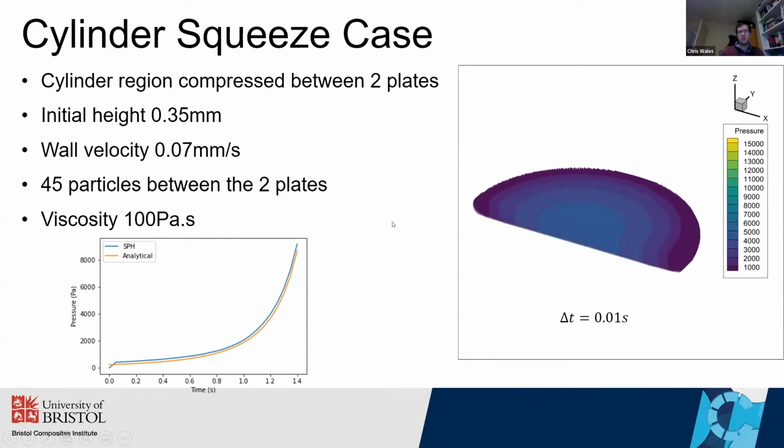So yeah, we get nice spreading out. We'll get the maximum pressure in the center there. Once again, we've got an analytical approximation based on resin flow type behavior, and the analytical and SPH show very good agreement, SPH being slightly higher than the analytical.